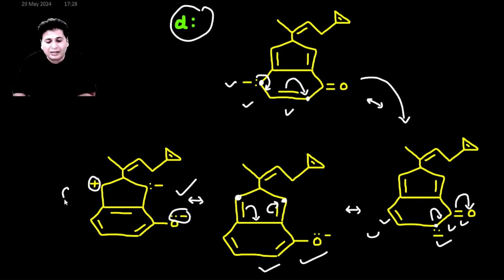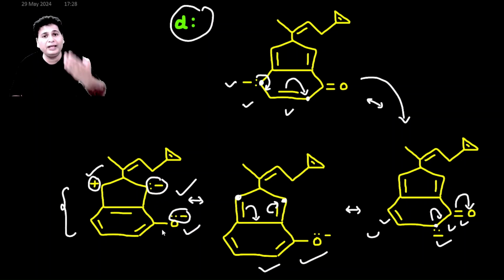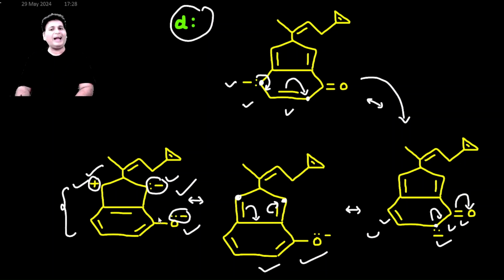But in the final structure, for the sake of commencement of aromatic behavior, for the sake of bringing aromaticity, you have to make a sacrifice. What sacrifice do you have to make? You have to create extra formal charges. You understand? Apart from this minus charge, you have to create one more plus charge, one more minus charge, and then the aromatic behavior will come.